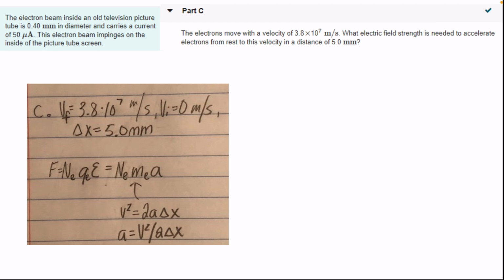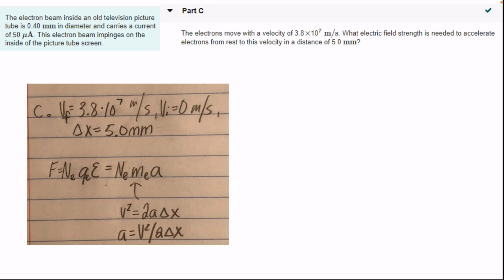Then you can equate that to the F equals ma equation, but the way I've written it shows the number of electrons times the mass of an electron times the acceleration. What we can immediately see from these equations, though, is that N e will cancel. So just keep that in mind as we go forward.